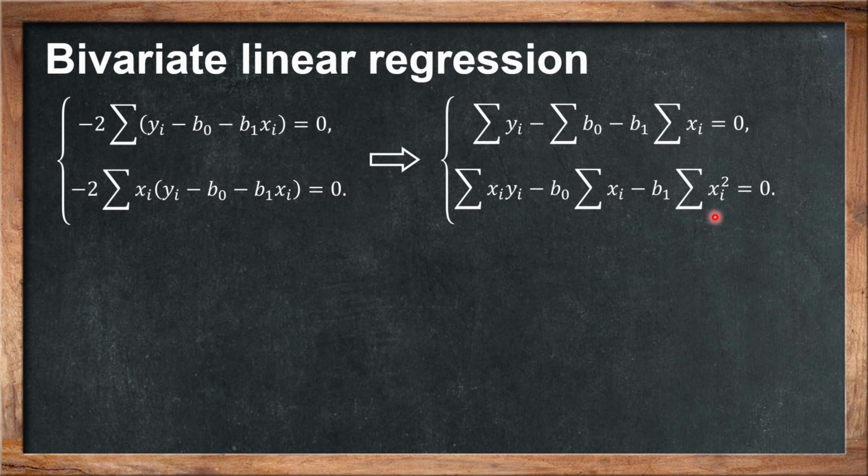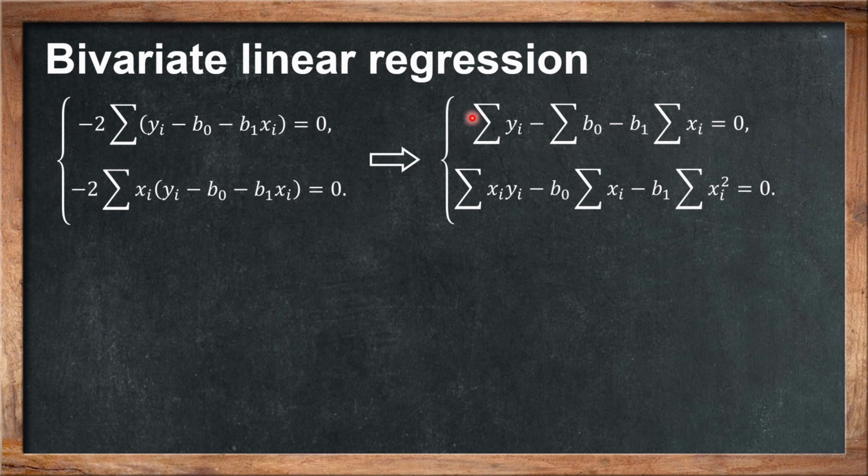Then take a look at this term, sum B0. What does it mean? It means it is B0 plus B0 plus B0 plus B0, and it goes on for n times. The n is the number of observations that we have. That's why we can replace this one with n B0.